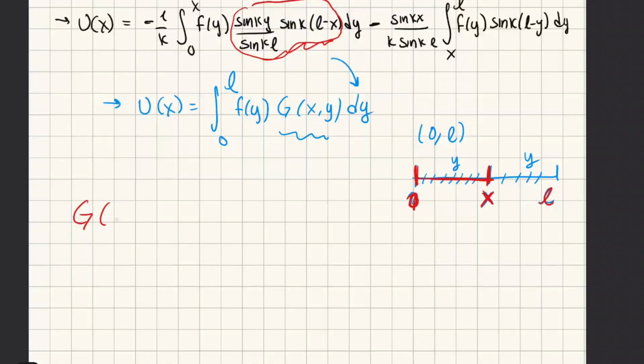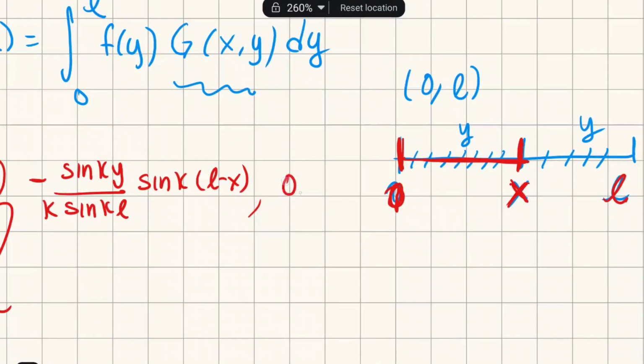So it will be that g of x comma y is equal to minus sine ky divided by k sine kl times sine k(l minus x), for 0 less than or equal to y, which is less than or equal to x.